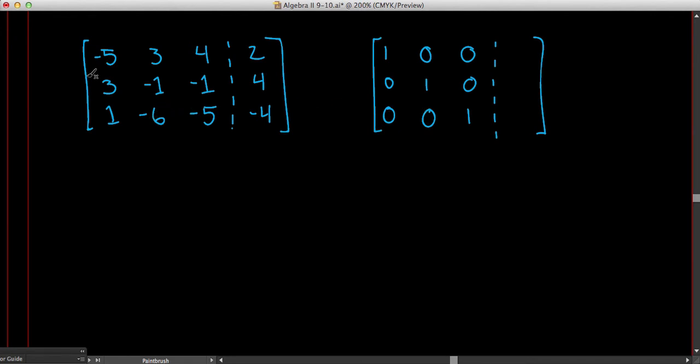I'm going to multiply row 1 by 3/5 and then add it to row 2. So first operation, I'm going to add 3/5 times row 1 to row 2.